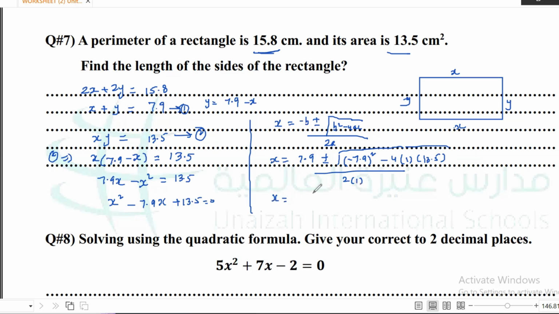So x is equal to 7.9 plus minus, if we simplify everything inside the square root, 2.9, over 2, one time plus, one time minus, which gives us two answers. One answer is 7.9 plus 2.9 divided by 2, which is equal to 5.4. And the second answer is 7.9 minus 2.9 over 2, which gives us 2.5.